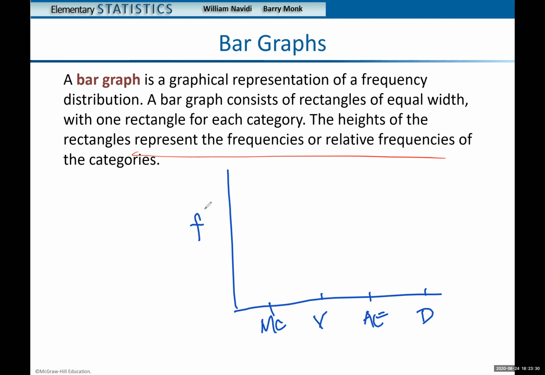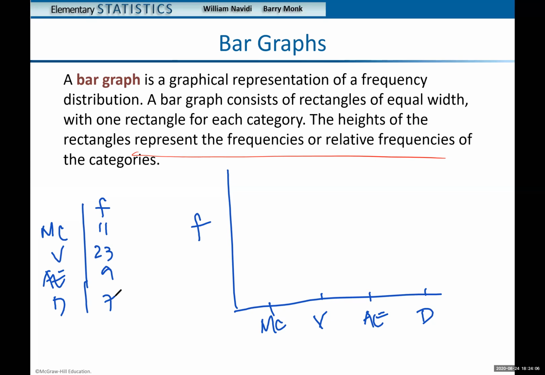And remember from the last example, the total frequency is 50. So just to recall, MasterCard 11, Visa 23, American Express 9, and Discover is 7.